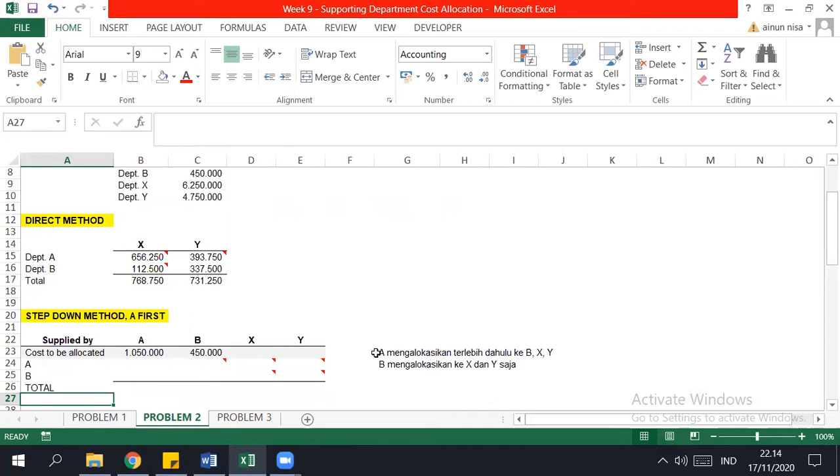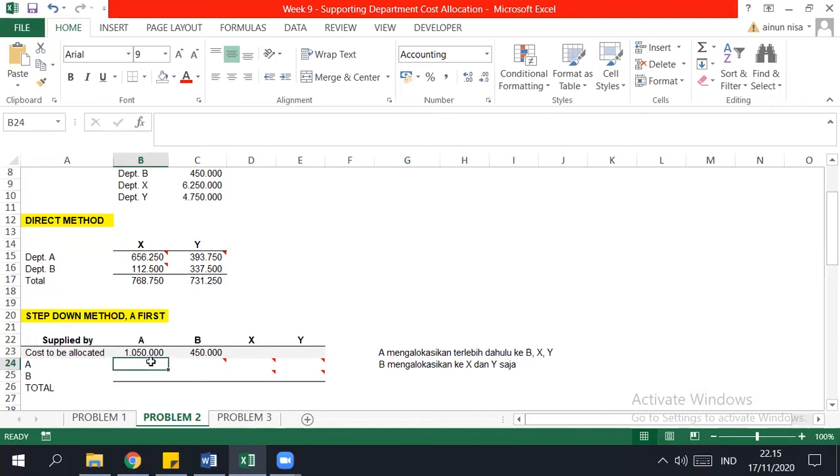So in this question, we have to allocate the cost of Department A to Department B, X, and Y first, and then we allocate the cost of Department B to Department X and Y only. Please notice the difference. For Department A, you have to allocate to B, X, and Y, while for Department B, you just have to allocate it to Department X and Y only.